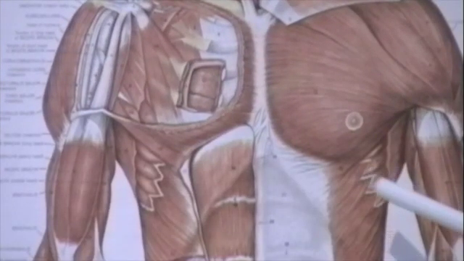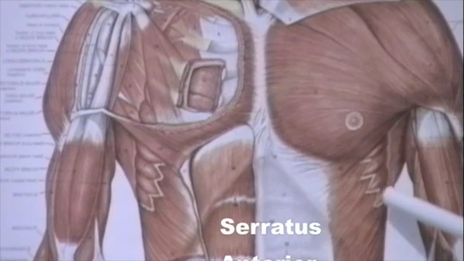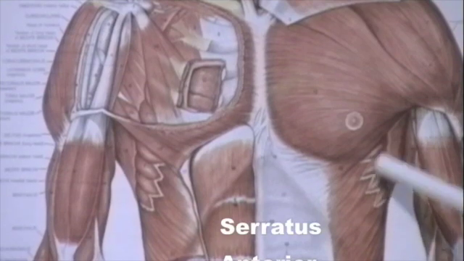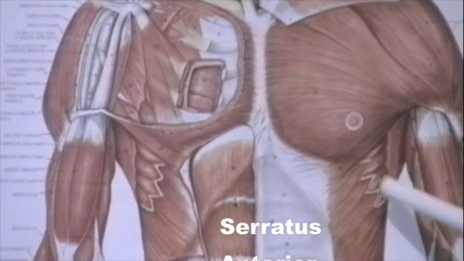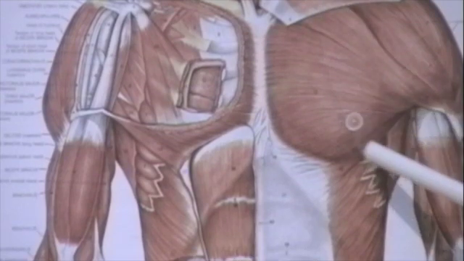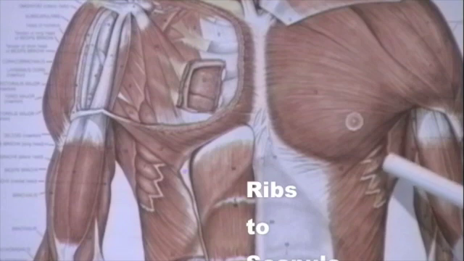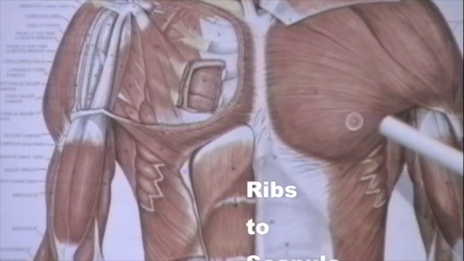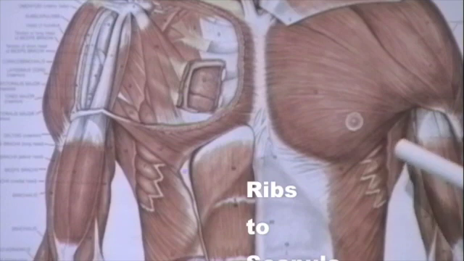Serratus anterior. Serratus anterior is the jagged edge, serrated edge. Goes all the way up to rib 1, wraps around the ribs and attaches onto the anterior surface of the scapula, the medial border. Serratus anterior.